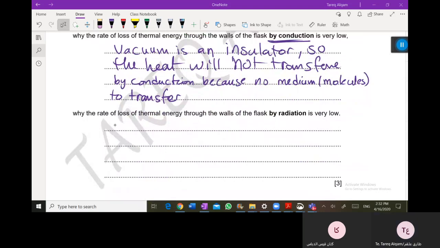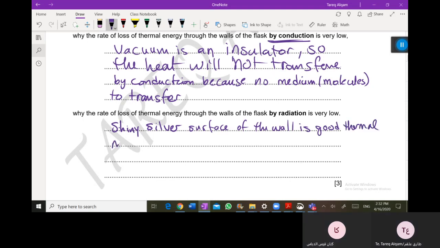The shiny silver surface of the wall is a good thermal reflector, a bad emitter and a bad absorber.